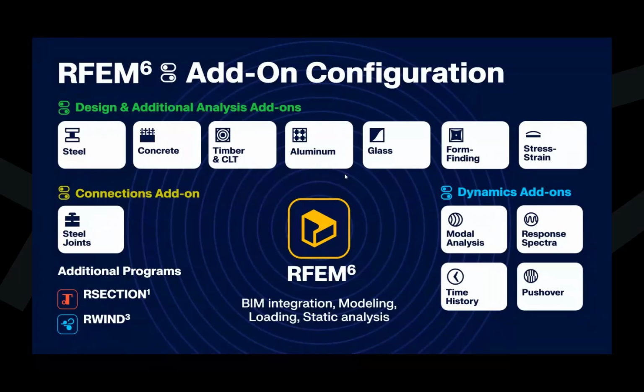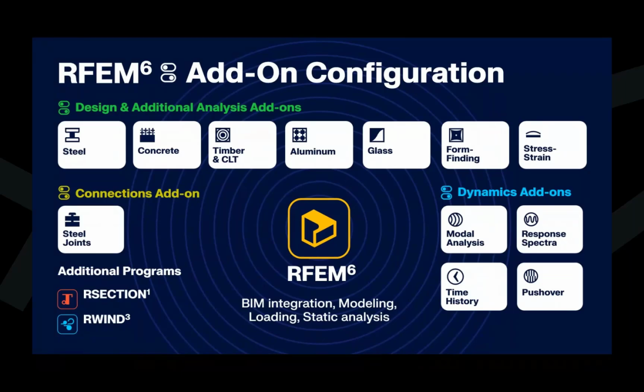This allows us to fully integrate with BIM software, which we'll talk about in just a minute. We have access to all of the standard cross-sections and materials directly in this base program, where we can also fully model the structure without using BIM integration. We can apply the loads and get a full static analysis.